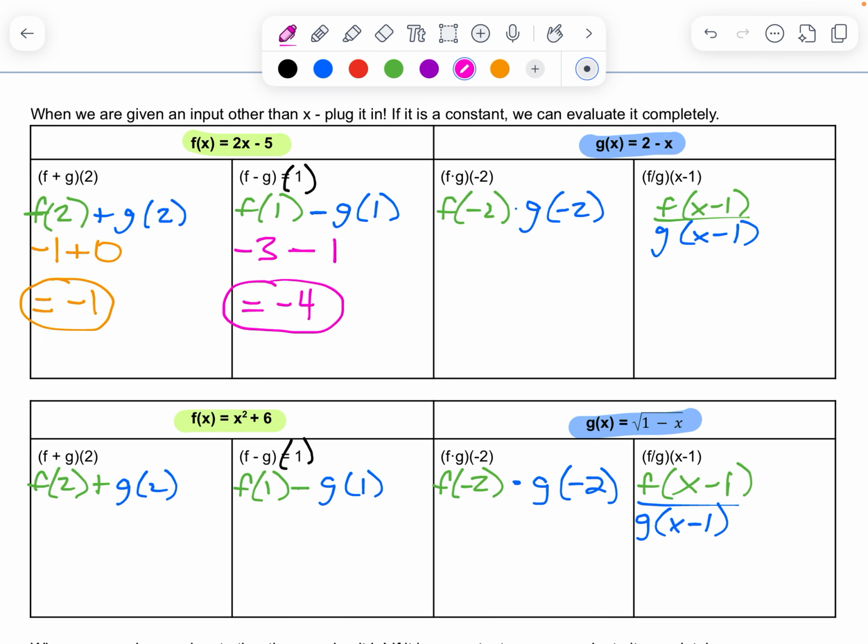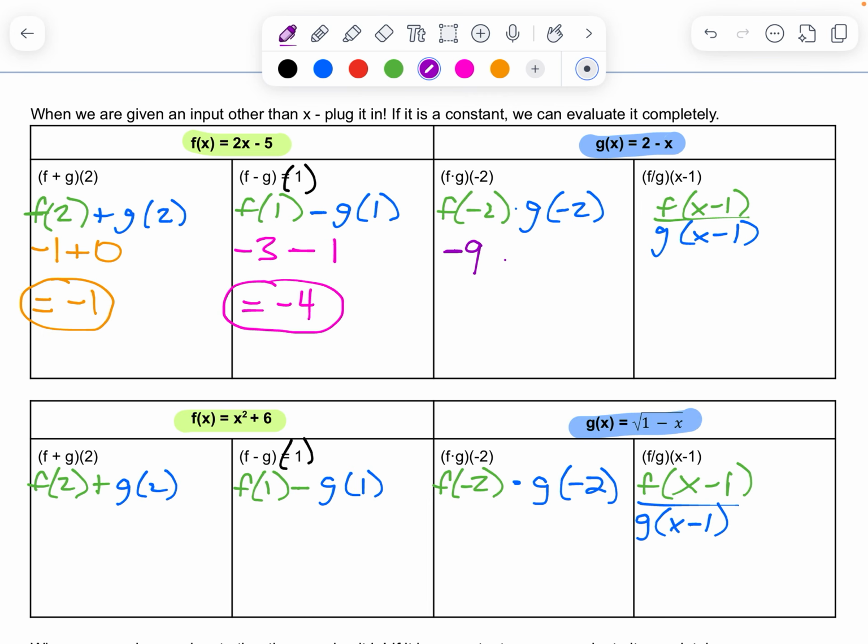All right, then I'm going to multiply here. I got f times g of -2. And I'll take -2 and plug it in. So again, I'm saying all this math work out loud. If it confuses you, come with questions when we see each other next. But I'm going to plug -2 into the f function. 2 times -2 is -4. -4 minus 5 would be -9.